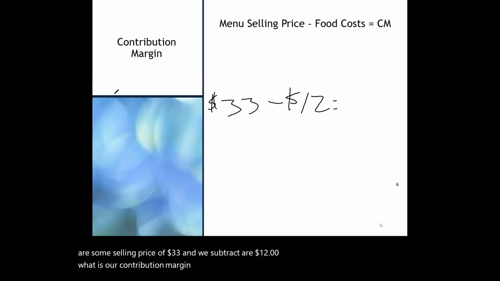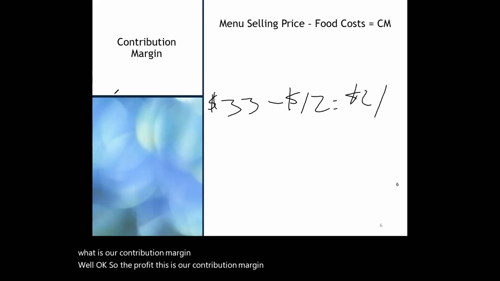Is that pretty much like profit? Well, okay, so this is our contribution margin of $21. That contribution margin is going to cover any of our fixed costs and our profit. So our profit is included in there.